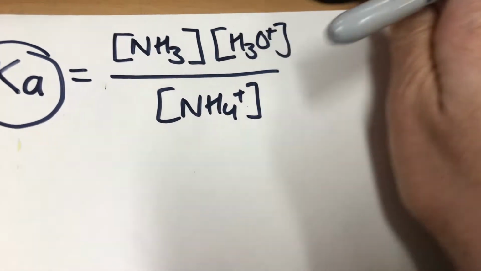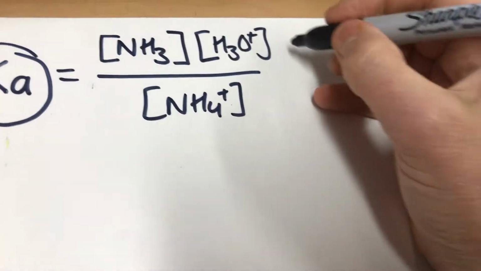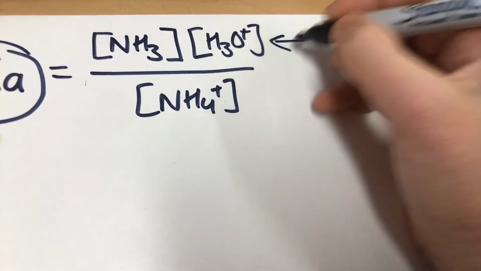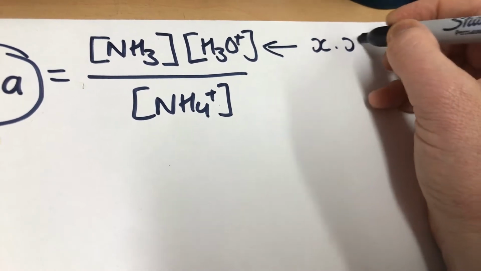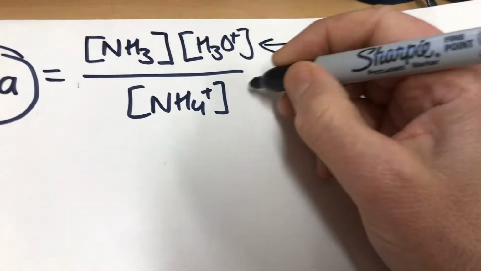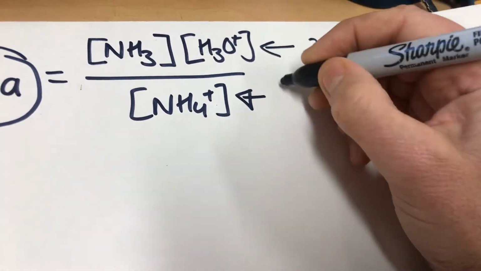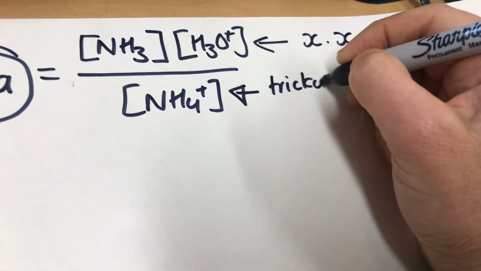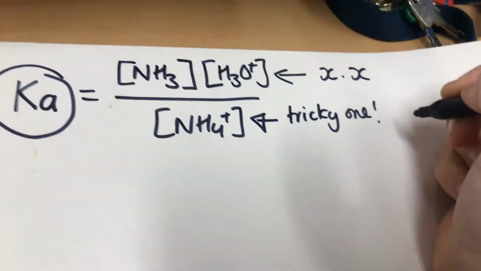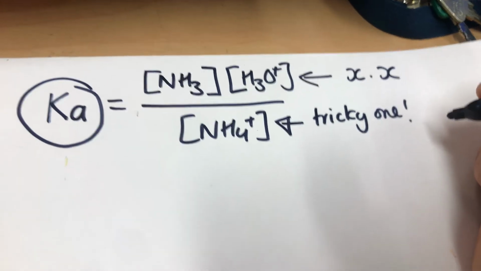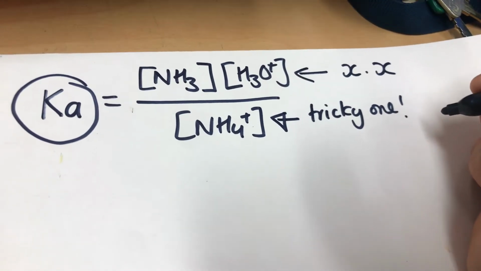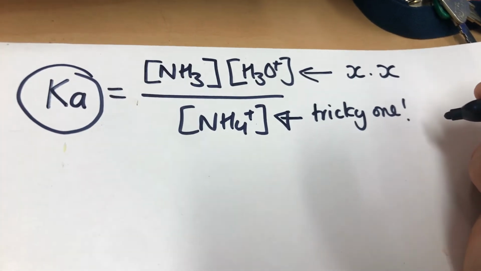We're going to make the same assumption as we always do. This is x and this is x, so we're going to make that x squared. But this is the tricky one here. Right, so this is where most people go wrong when they're doing this calculation. It is not 0.232.